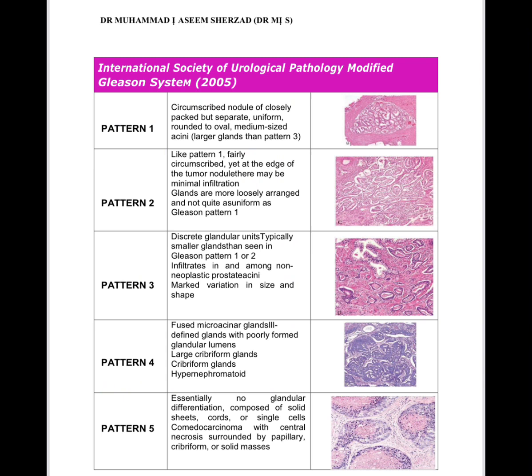The pattern we see in the microscope has 5 grades. Pattern 1 is normal looking cells, while in pattern 2 there is amplifying, and the stroma size increased, while in 3 there is an infiltrative pattern, while in 4 there are neoplastic clumps, while in 5 all the cells are spread out just like a sheet of cells.